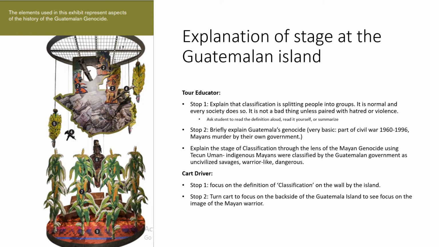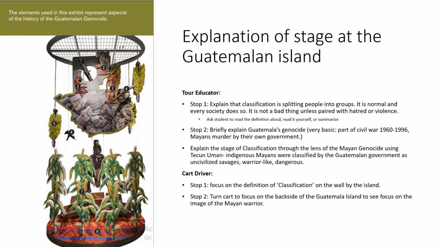So once you have read the definition, explained the definition fully, say now we are going to look at an example of classification using the Guatemalan genocide. Give a very, very brief explanation of the Guatemalan genocide. I try to keep it to 1 sentence, 2 sentences max.